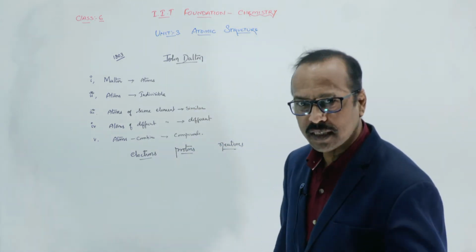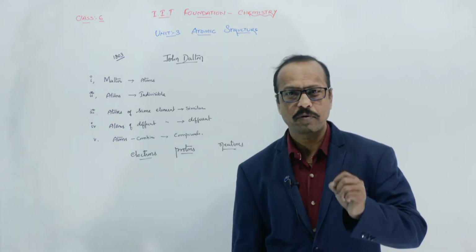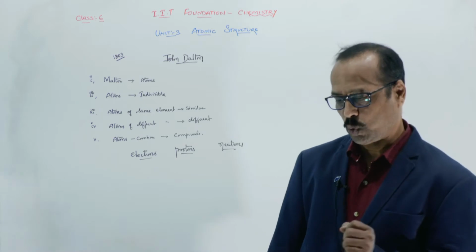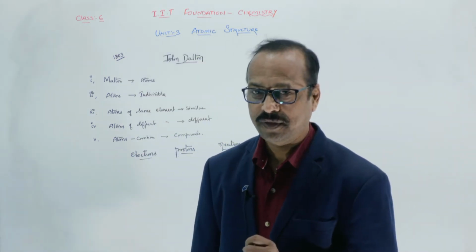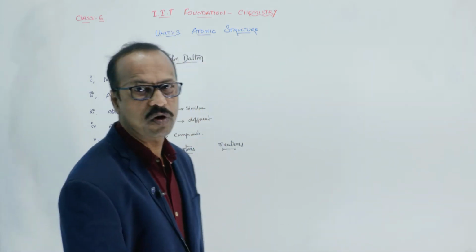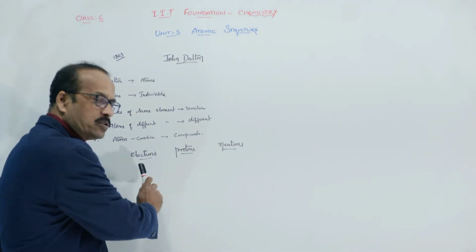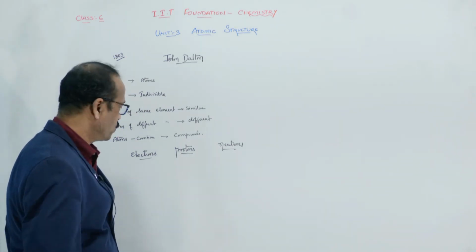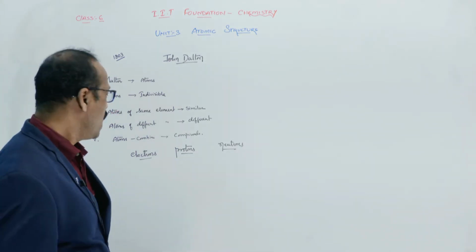So many other particles are also there in an atom, but the most important particles that play a key role in the properties of an atom are three: electrons, protons and neutrons. They are called fundamental particles. So these three fundamental particles are electrons, protons and neutrons.